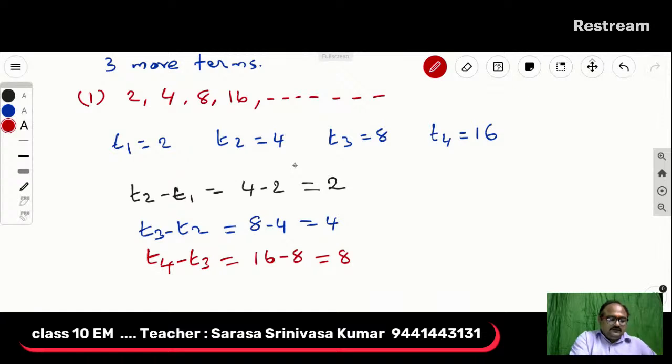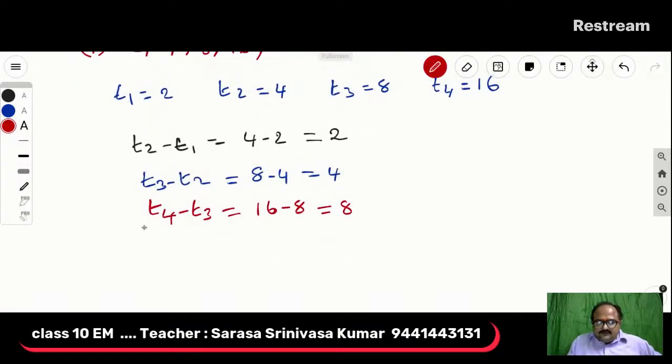Students can answer the questions in the chat box. So there is no common difference. We write this: there is no common difference.